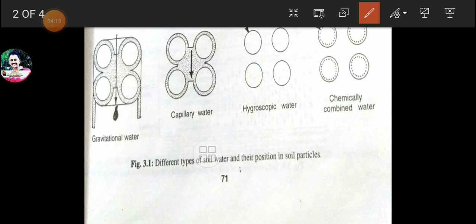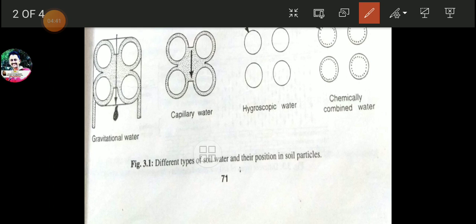So there are four different types of soil water, isn't it? Which ones? First is gravitational water, second is capillary water, third is hygroscopic water, and fourth is chemically combined water.